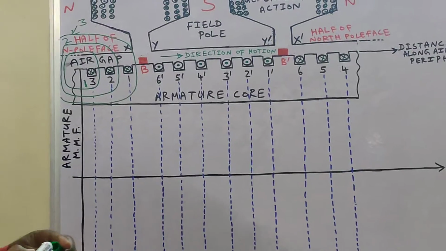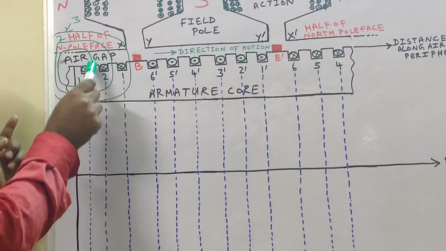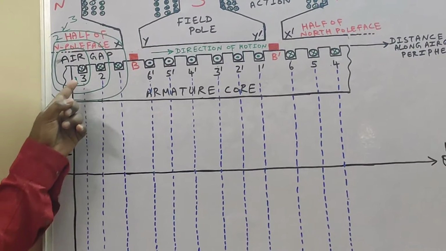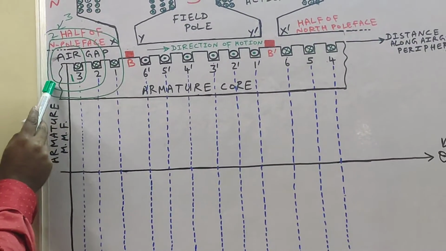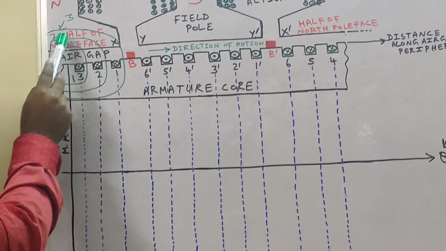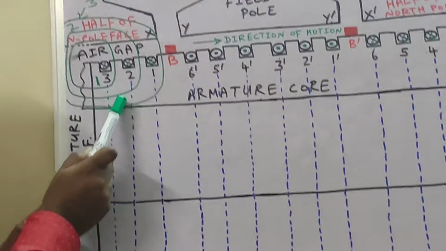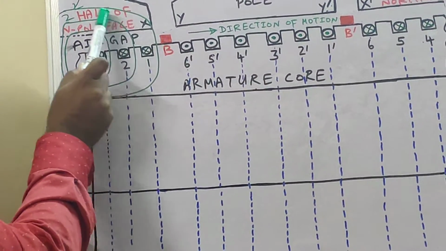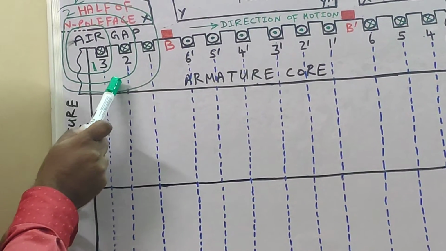Now, how many conductors are being enclosed in path number 1? Only one conductor, that is slot number 3. In path number 2, how many conductors are enclosed? Look closely, follow this nib of the marker pen. In path number 2, how many slots are encountered?